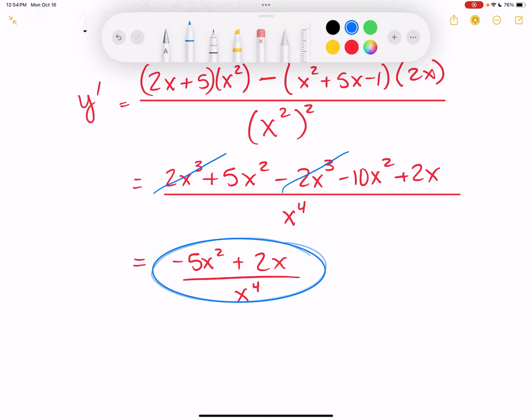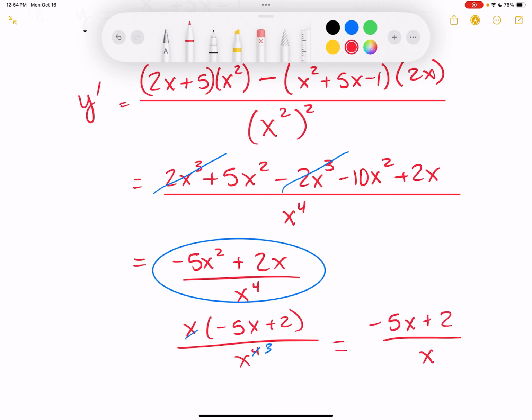So this is one option we can have. I can take an x out of everything on the top, so that would leave me with negative 5x plus 2 over x to the fourth. And so then this would reduce down to being over x cubed. So that would leave me with negative 5x plus 2 over x cubed. So that's another option of where I could leave it.